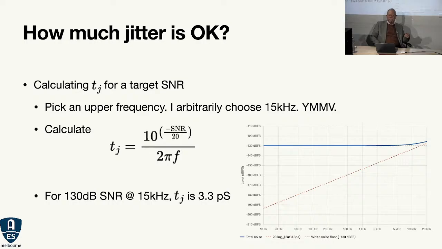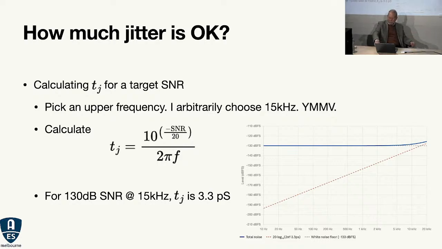If you remember the jitter that we had on the sampling slide, that was 2 microseconds. So 1,000,000 times more, basically, before you could see it. That gives you an idea of how low this jitter needs to be.